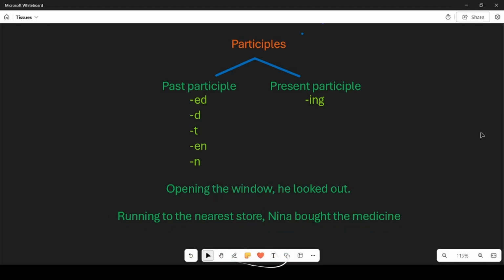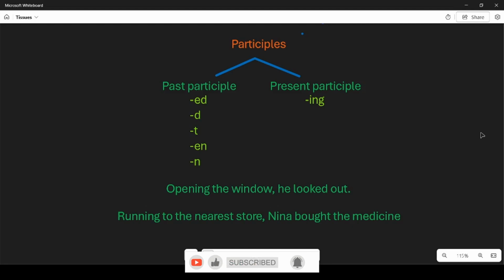If one action was completed sometime before the other, we use having plus past participle form of the verb of the first action. This is called perfect participle. So I said we won't discuss about it much. It's just one line, just a little bit. If one action was completed sometime before the other, we use having plus past participle.